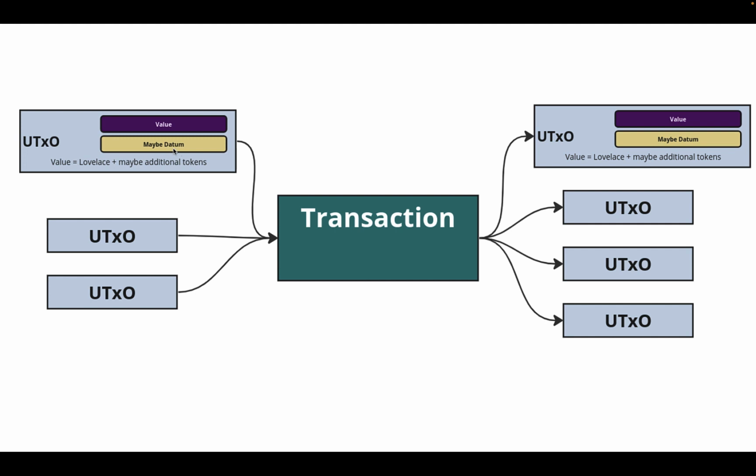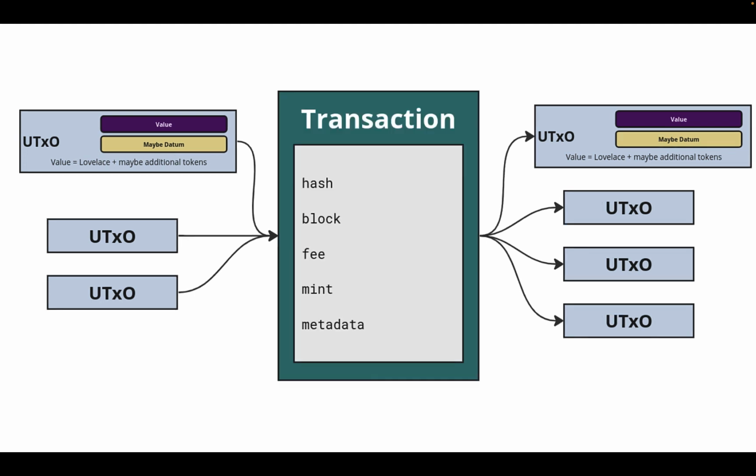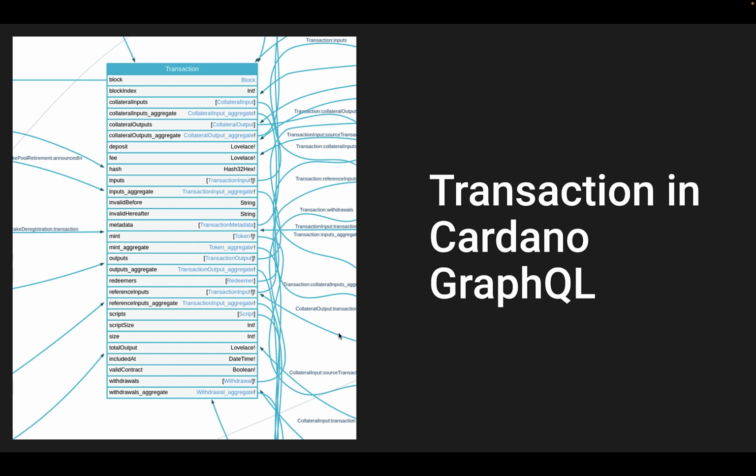But datum isn't the only place that information can be stored on the blockchain. Every transaction includes a record of certain information. For example, the hash of the transaction, what block it was included in, the fee for that transaction, whether or not new tokens were minted or burned, and something called metadata. This is not an exhaustive list.